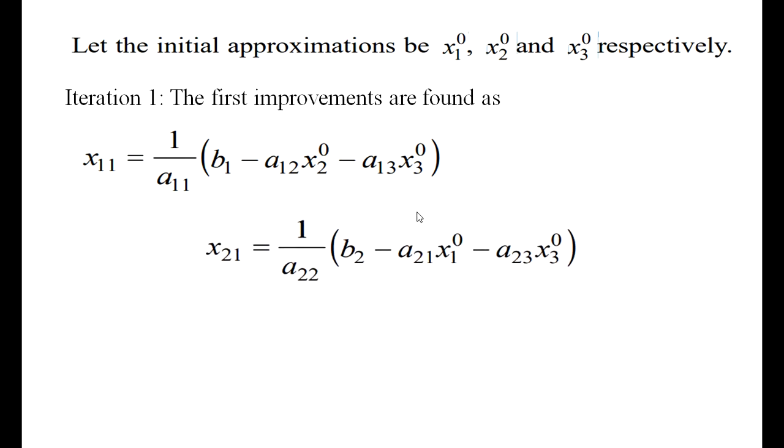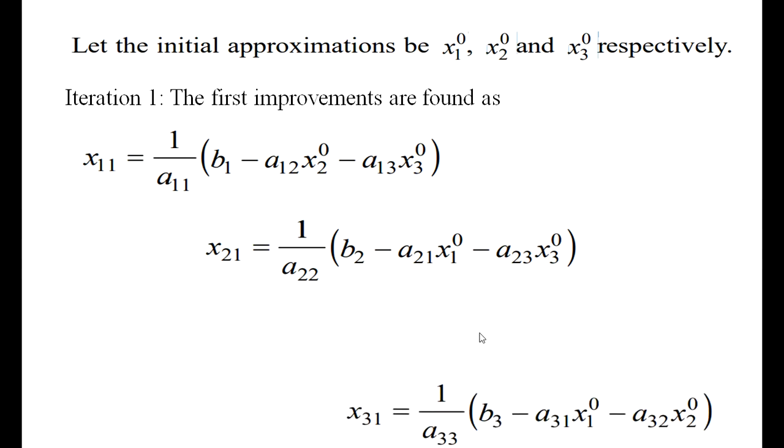Similarly, we can calculate x2(1) as 1 upon a22 in bracket b2 minus a21 x1(0) minus a23 x3(0).